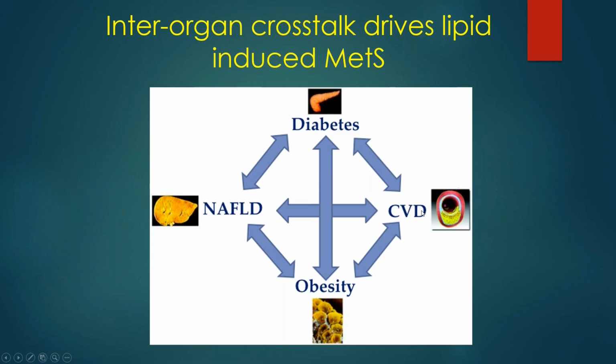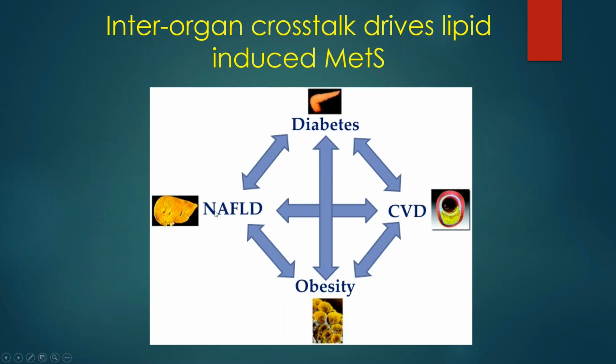Then you have the cardiovascular diseases, which are basically because of increased cholesterol or lipid handling problems in the arteries. Obesity is the major culprit, which releases most of the fats to the liver and causes cardiovascular complications.